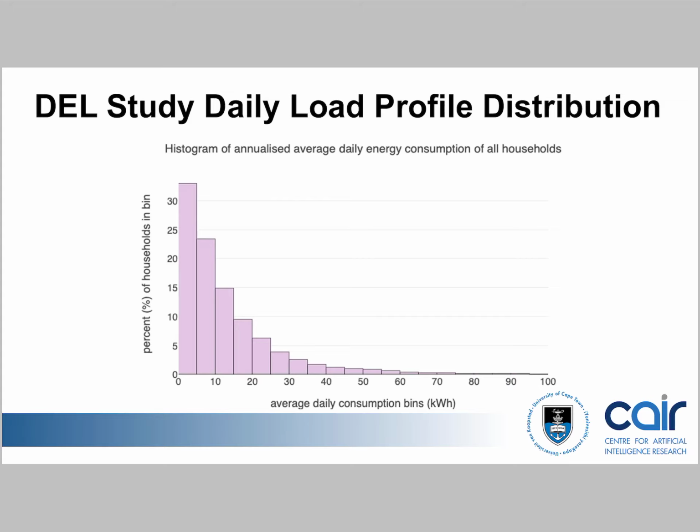For the type of households that were monitored, this histogram shows the average daily consumption per household over the 20 years. A third of households had an average daily consumption of less than 5 kilowatt hours, and over half of the households surveyed had an average daily consumption of less than 10 kilowatt hours. This histogram only goes to 100 kilowatt hours.